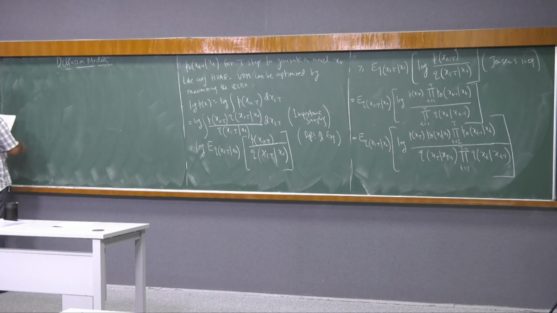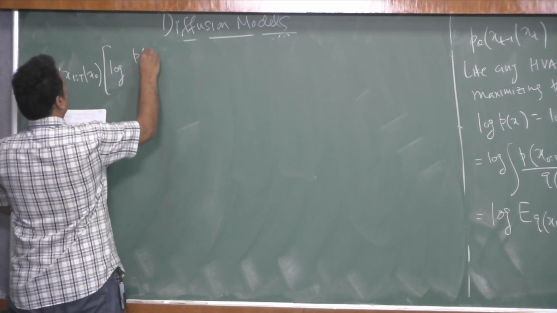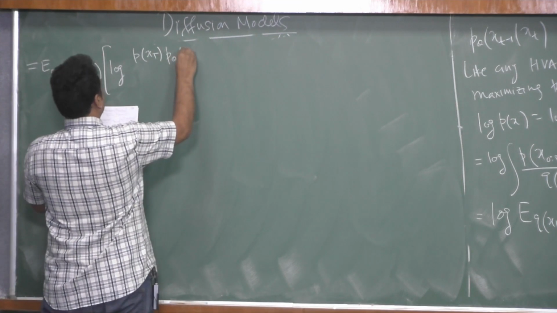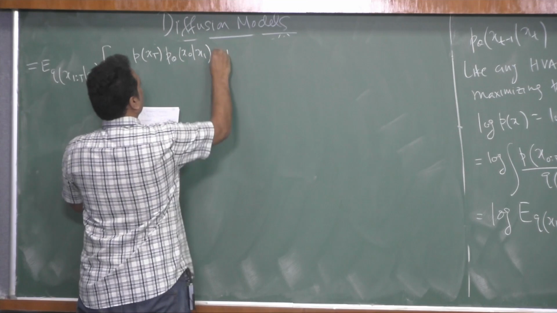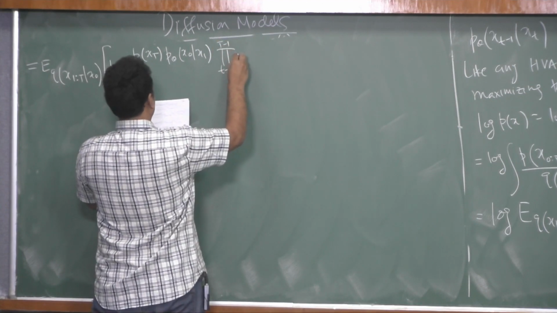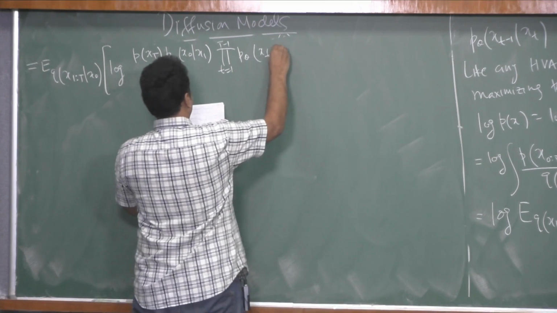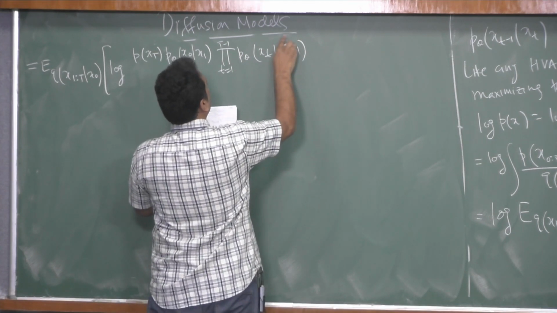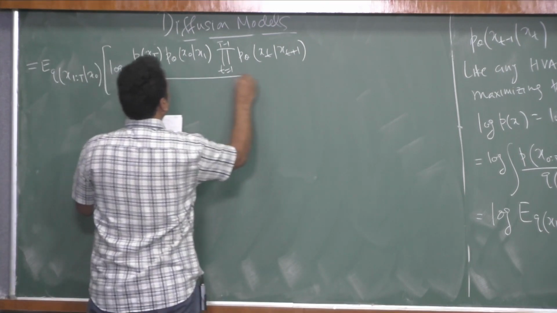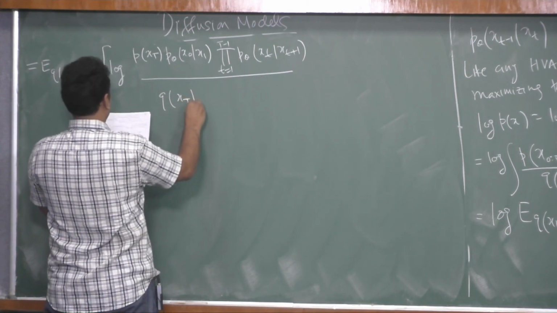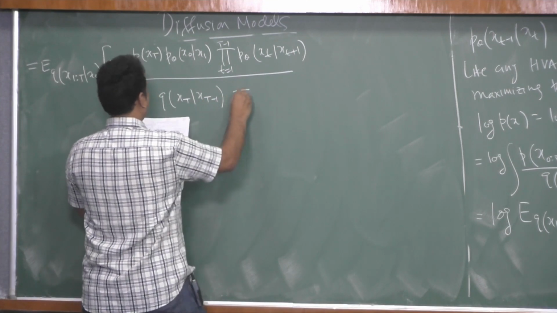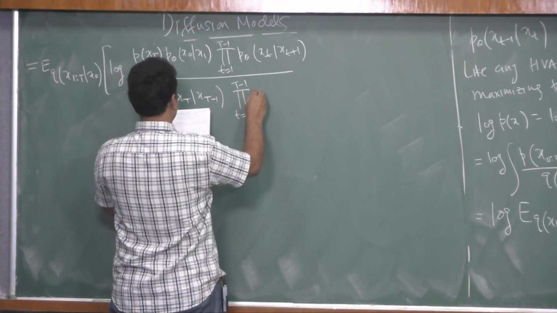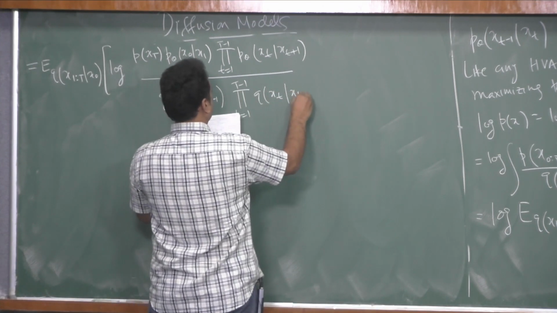So this is divided by q of xt given xt minus 1 and product of t equals 1 to t minus 1 of q of xt given xt minus 1.